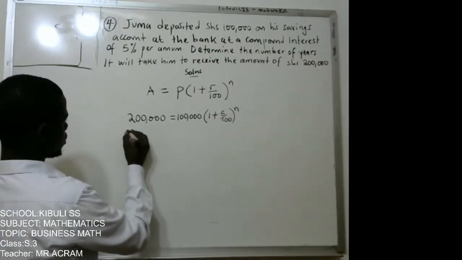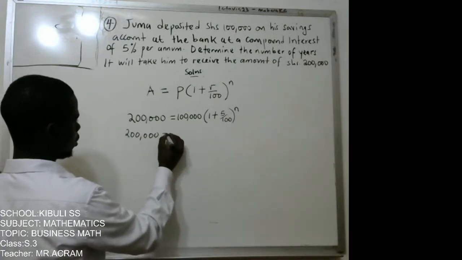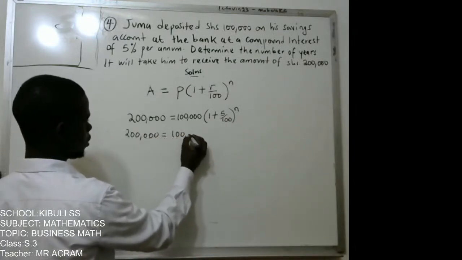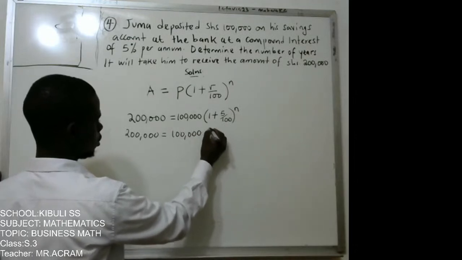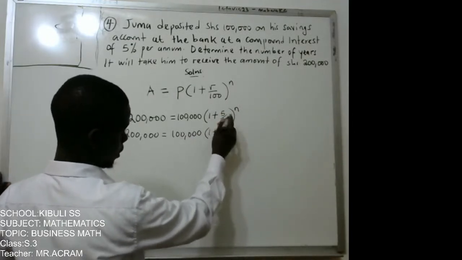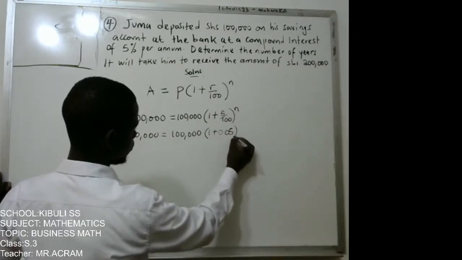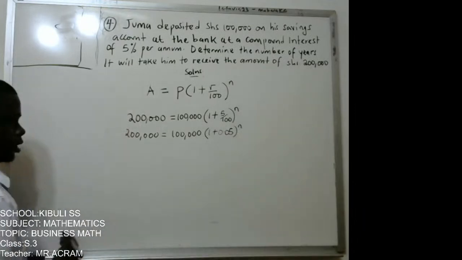So this is going to be 200,000 is equaling to 100,000 into, this is 1 plus, I told you go step by step, this is 0.05 power n. Okay?